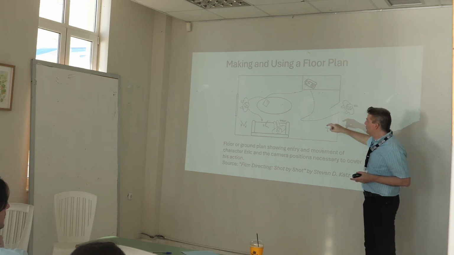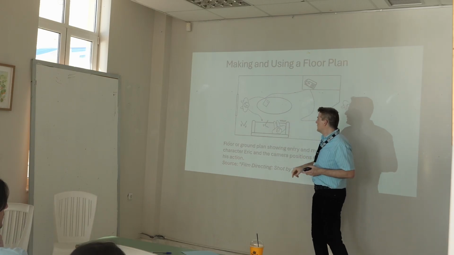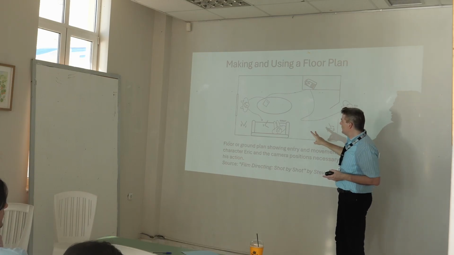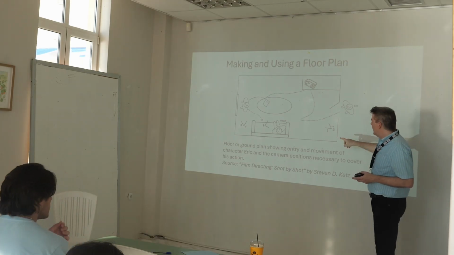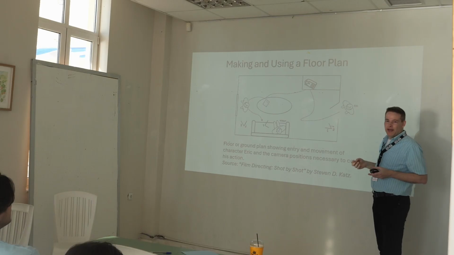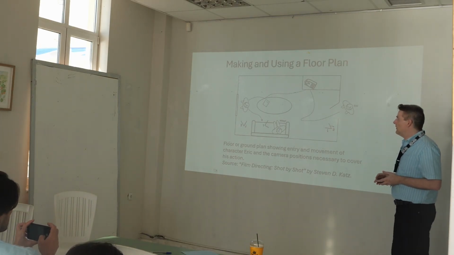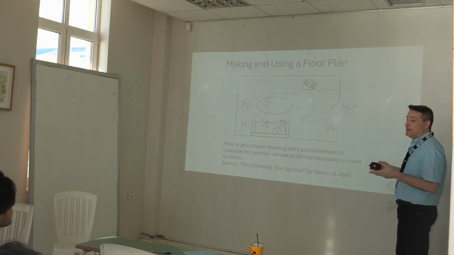So Eric enters the room, camera 1 is the first shot of the scene. We are viewing Eric, and the V shape shows where the camera is angled. The arrows show whether we have some panning action, some movement of the camera. So that's a very quick way to prepare for the shooting of the day.